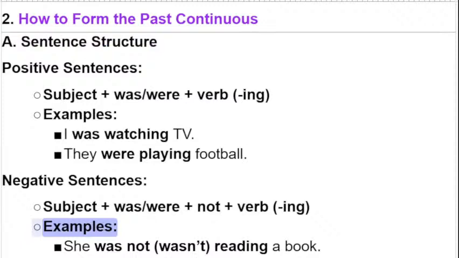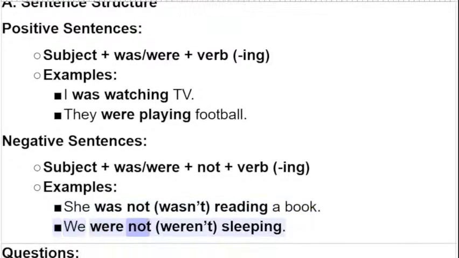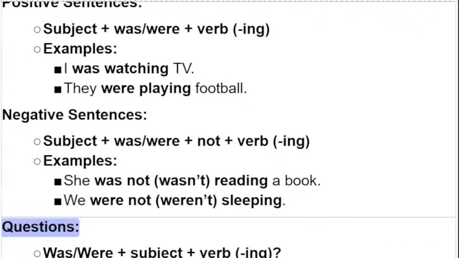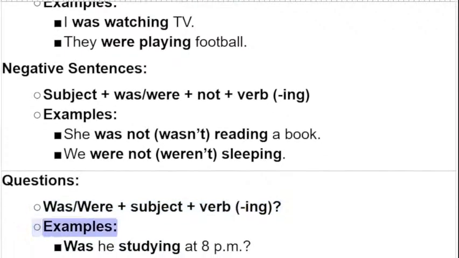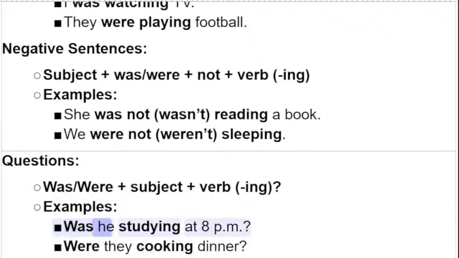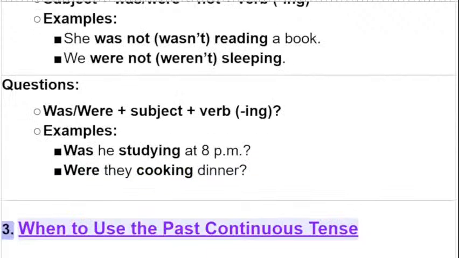Examples: She wasn't reading a book. We weren't sleeping. Questions: was/were plus subject plus verb-ing. Examples: Was he studying at 8 p.m.? Were they cooking dinner?